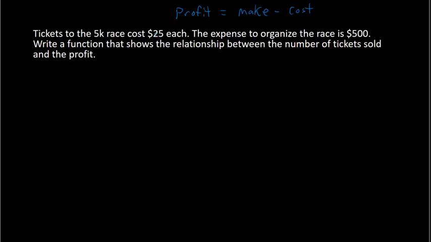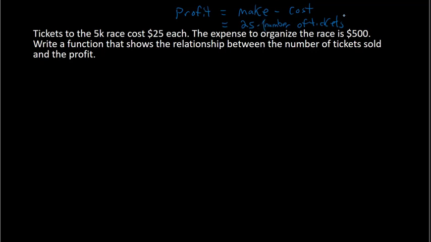If we sell 0 tickets, it's $0. 1 ticket is 25 times 1. 2 tickets is 25 times 2, etc. So the money that we earn is going to be 25 times the number of tickets.